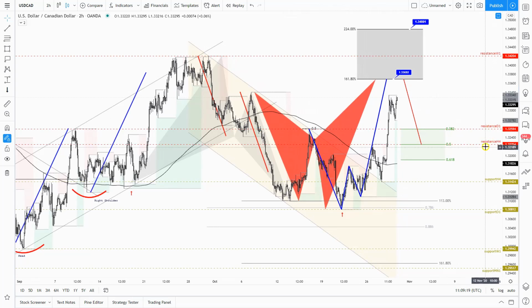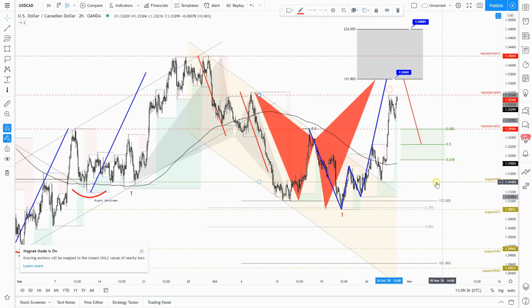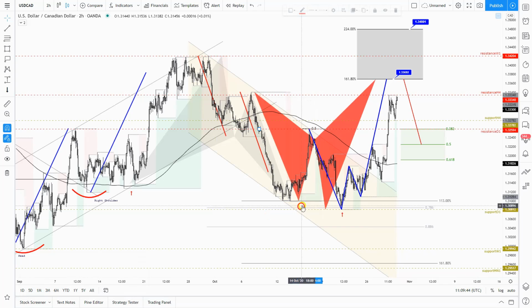In this case, as you can see, completely converging with those daily and most recent 4 hours fractal resistance, which is now positioned here, and the most recent support is already there.